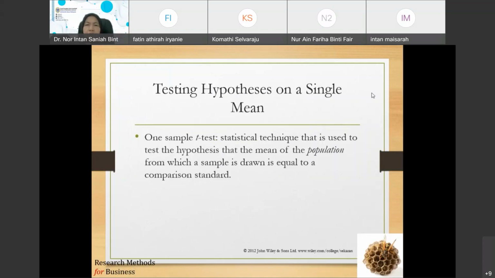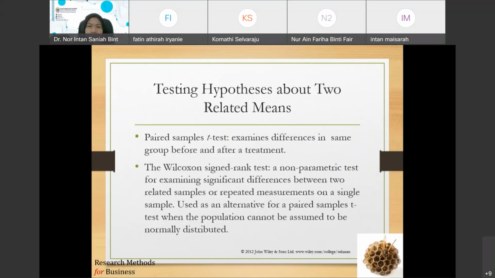If you want to do a one-sample t-test, it means you test the hypothesis that the mean of the population is equal to a comparison standard. The paired t-test means you have a mean before and after, for example a treatment or intervention. Have you heard of parametric and non-parametric?